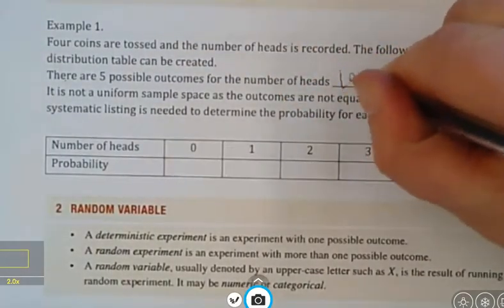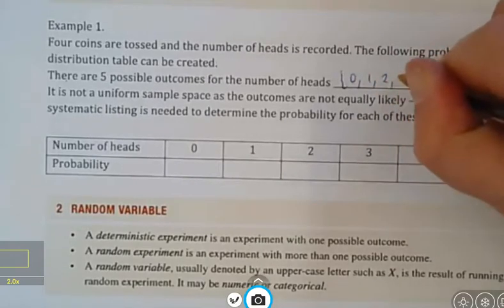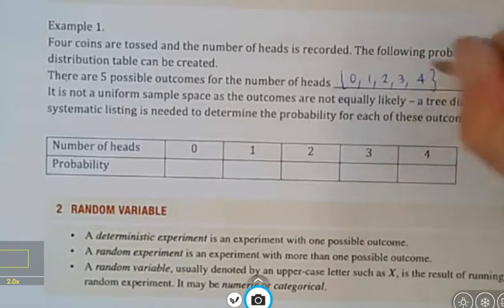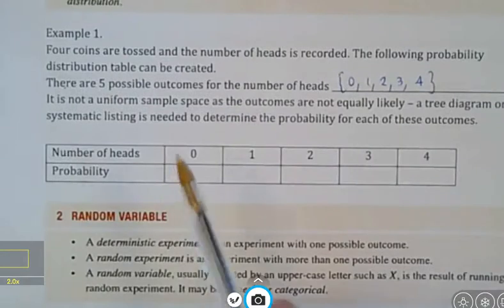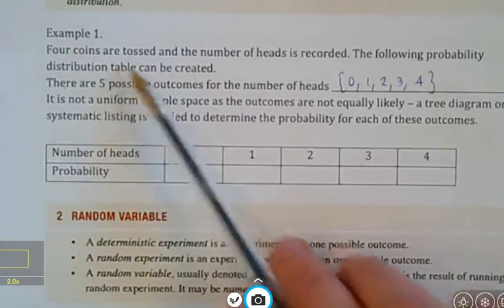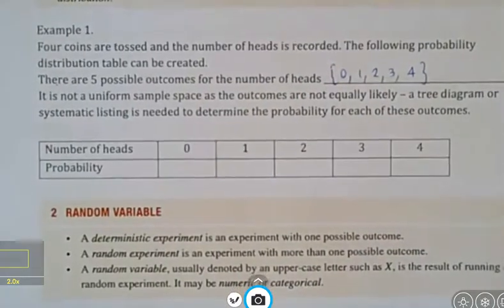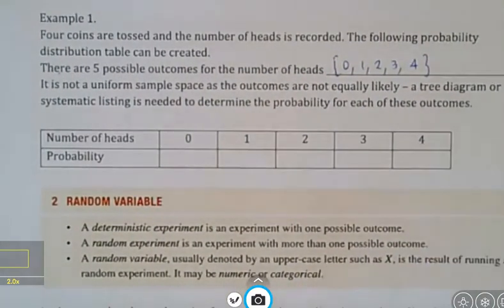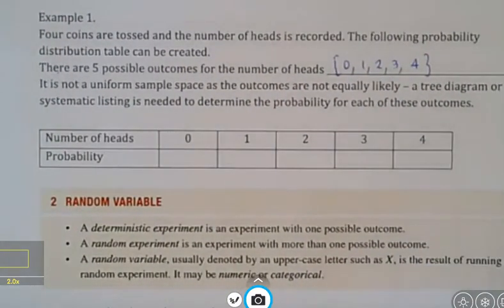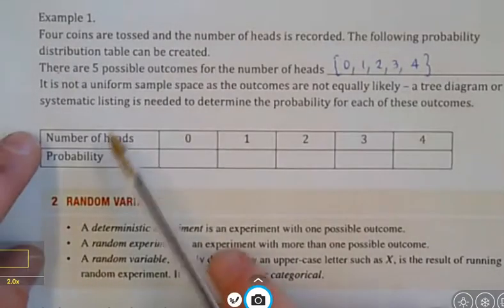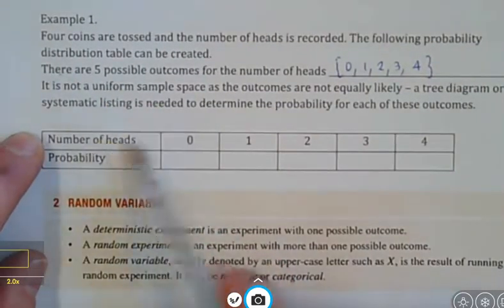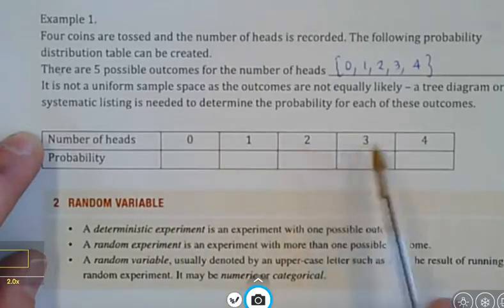Remember, my experiment is that 4 coins are tossed, and the number of heads is recorded. My outcomes are that I could have 0 heads, 1, 2, 3, or 4.